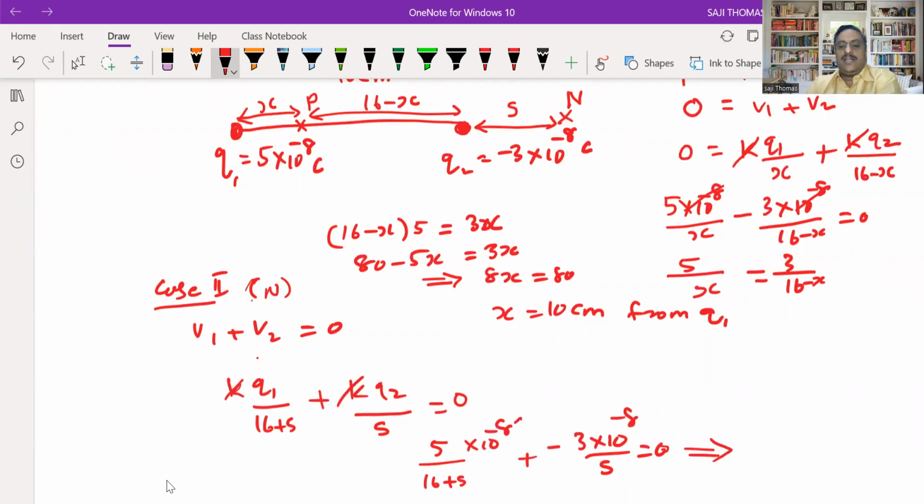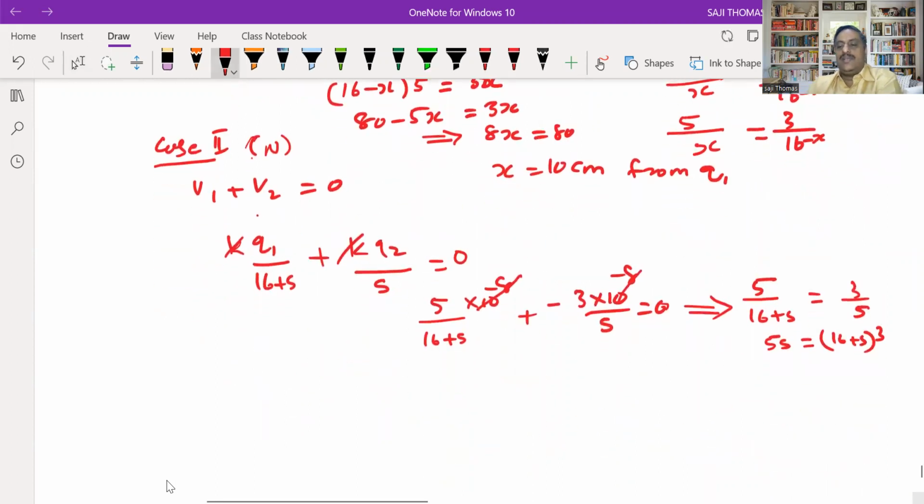So you can cancel 10 raised to minus 8. What will be the remaining? 5 by 16 plus S is equal to 3 by S. If you cross multiply, 5S equals 16 plus S into 3. On simplification, what you are getting? 5S equals 48 plus 3S.